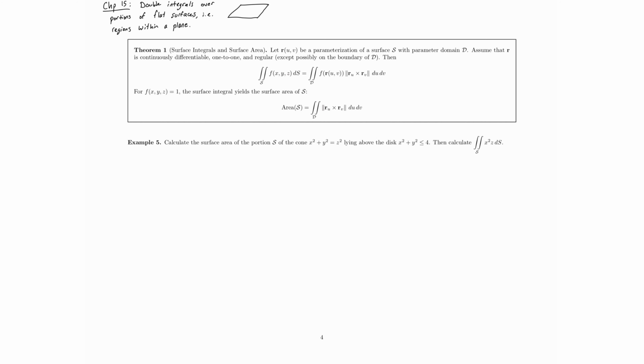So in chapter 15, regardless of how we think of this plane, essentially we are doing integrals over a flat space. The actual space has zero curvature, but that doesn't mean our region was rectangular. This region definitely is not rectangular. Its boundary is curved, but the actual surface itself is not curved.